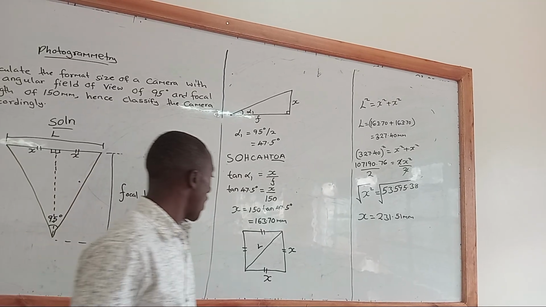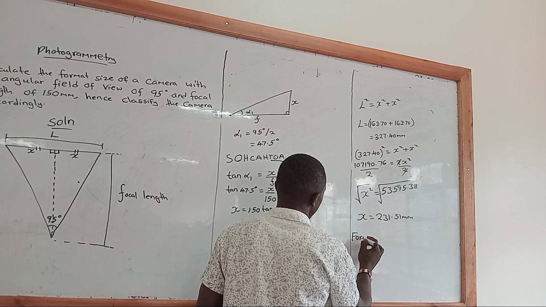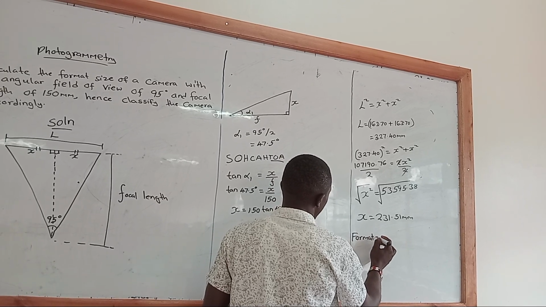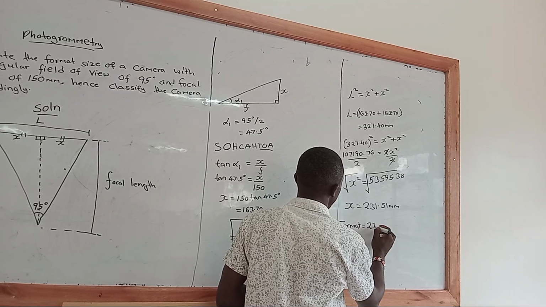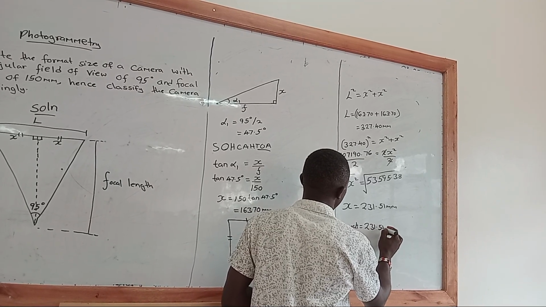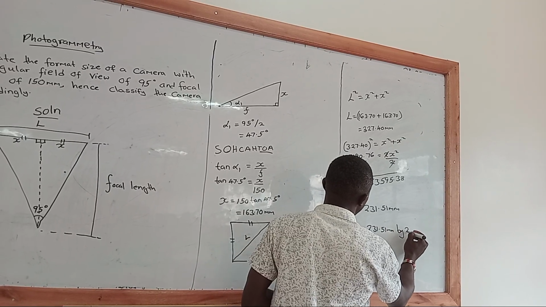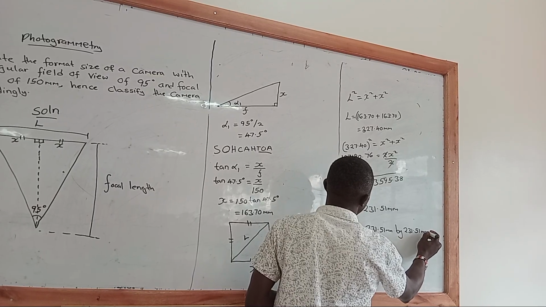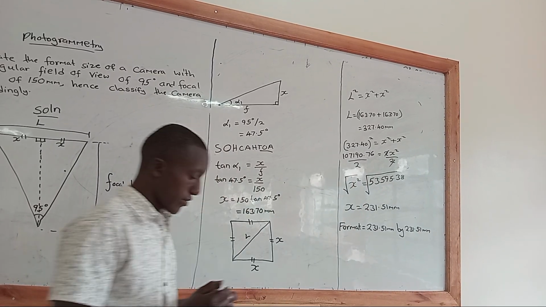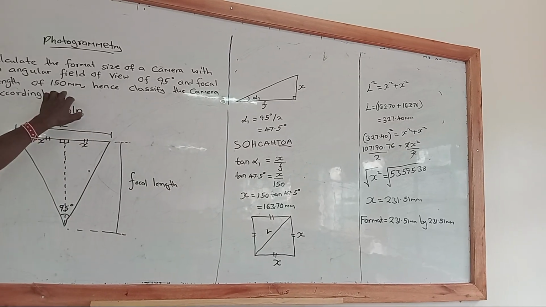So our format will be 231.51 millimeters by 231.51 millimeters. So already we have found our format.